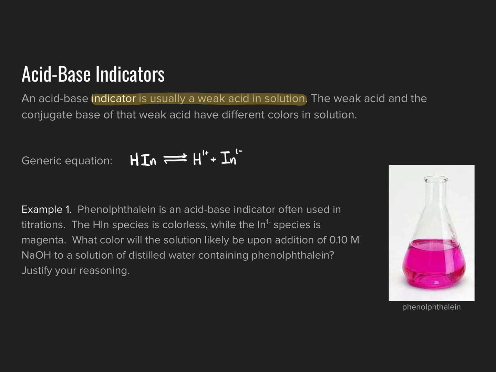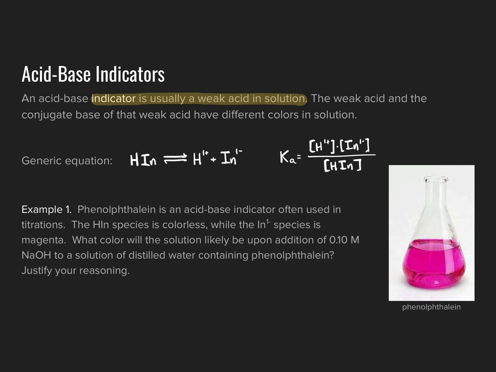And again, recognizing that the species itself is a weak acid, I could write an equilibrium constant which governs its dissociation. That equilibrium constant Ka would be the concentration of the products over reactants, that is concentration of H+ times the IN- indicator anion, divided by the molecular species concentration of HIN.